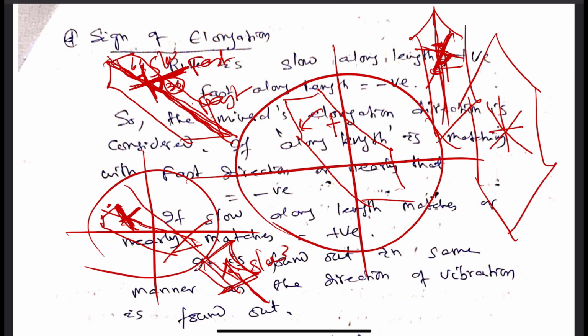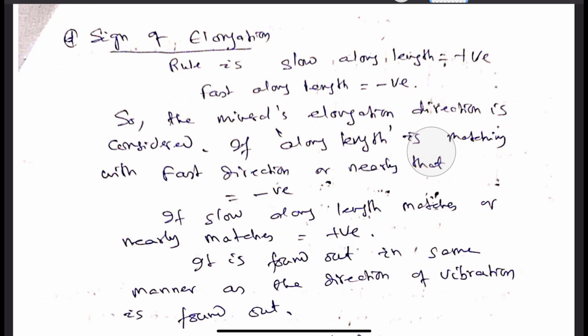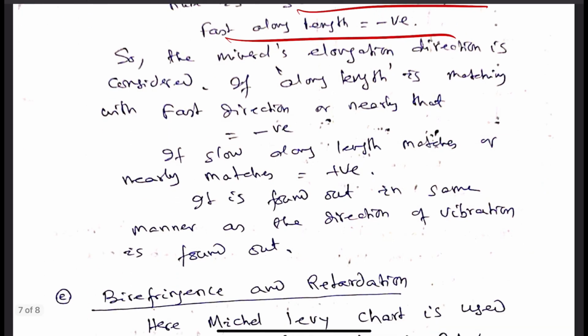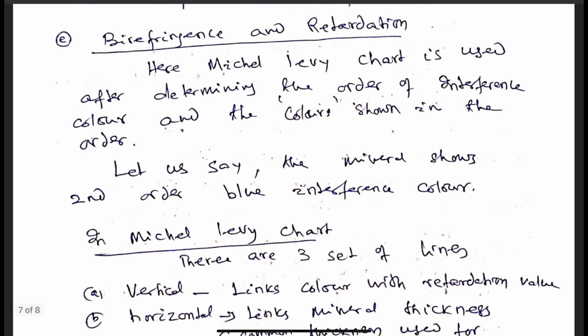The vibration direction which makes the smaller angle becomes the vibration direction of the elongation direction. So we determine the vibration direction of the elongation direction, and accordingly we follow this rule: slow along length positive, fast along length negative. Then we go for the determination of birefringence and retardation, how they are being determined. For that we make use of the Michel-Lévy chart.